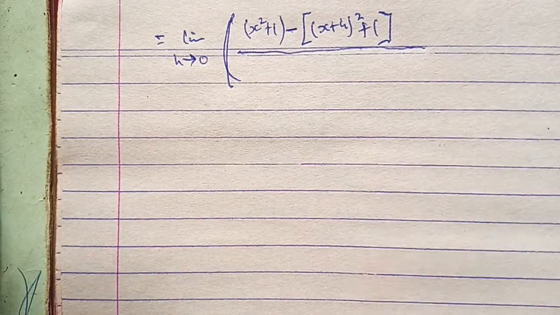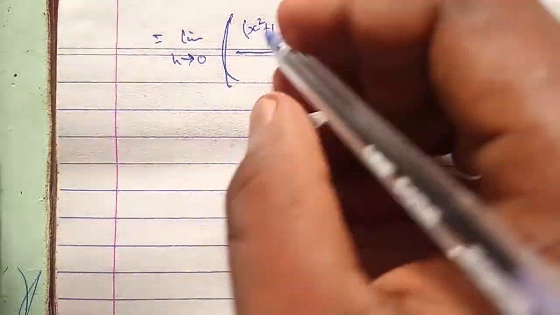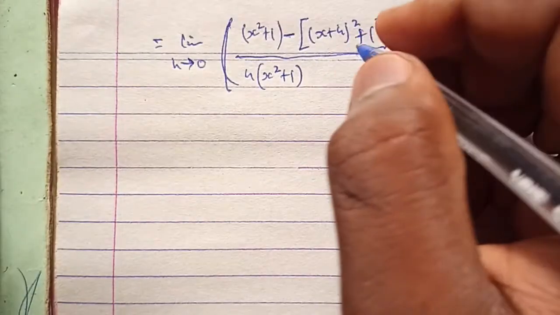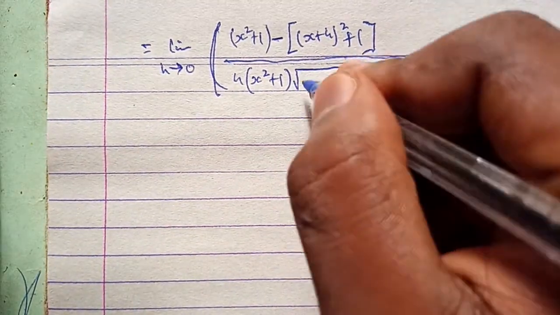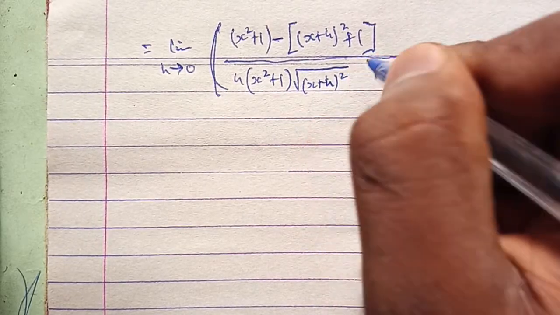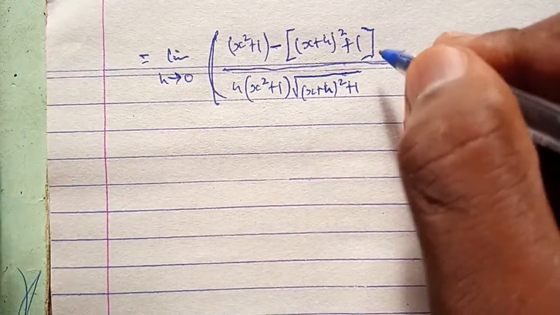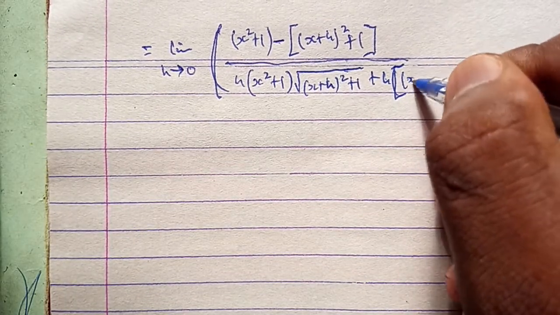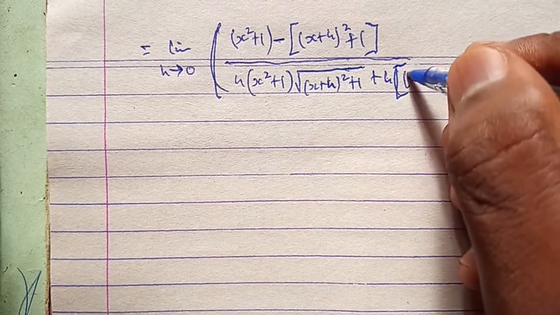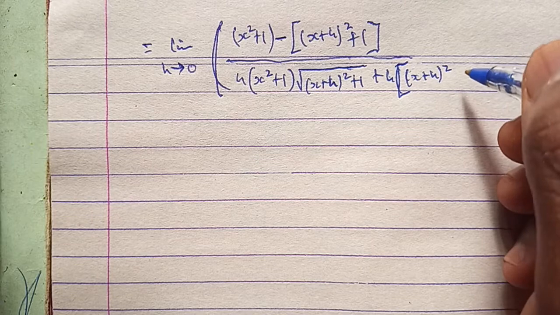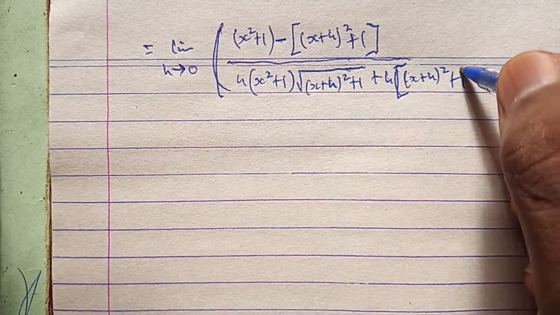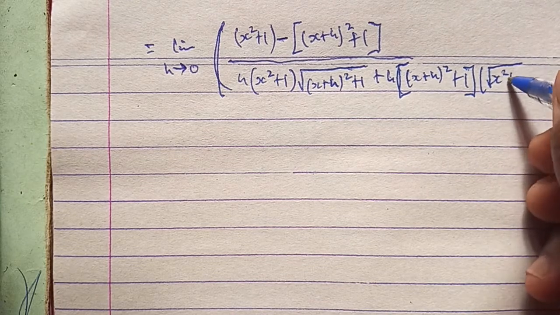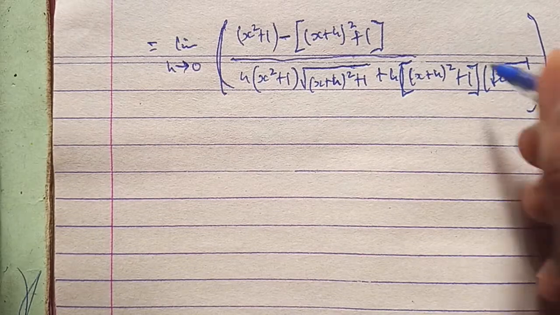This will be all over h multiplying by x squared plus 1, bracket close, multiplying by bracket open, x plus h all squared plus 1, this is under the square root, then plus another expression, that is h multiplying by x plus h, that's square bracket open, another bracket open, x plus h all squared plus 1, then square bracket close, multiplying by square root of x squared plus 1. So this bracket close, and then finally close the bracket.